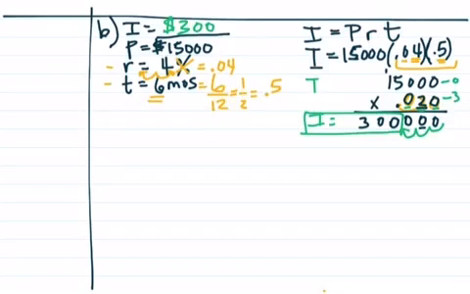And the last example we are going to do is number 7, which is on the next page, page 128. This problem reads that an X-ray machine for animals costs $125,000.